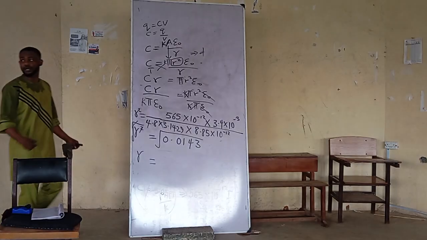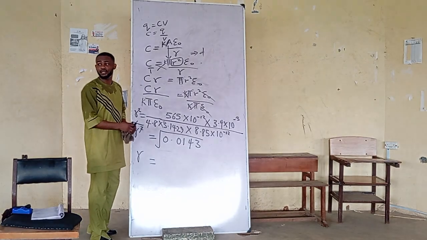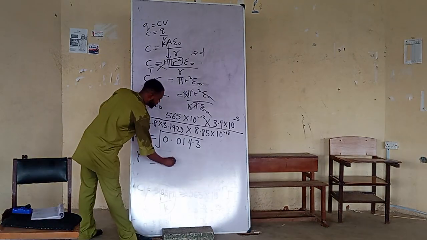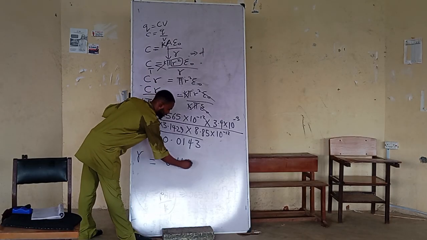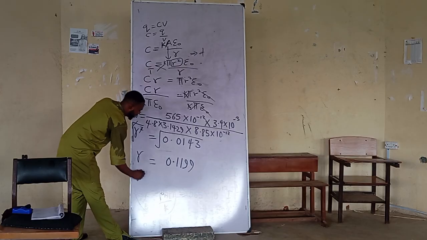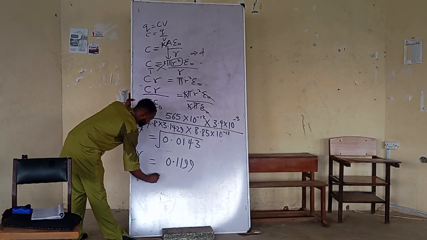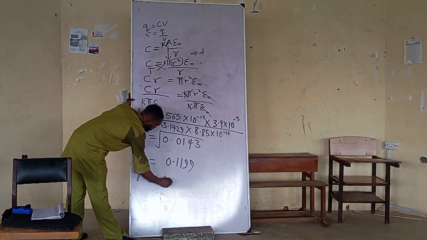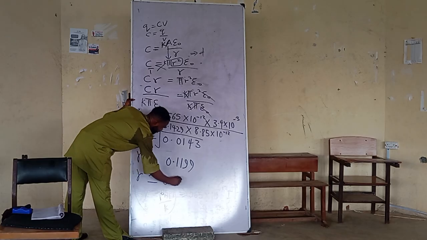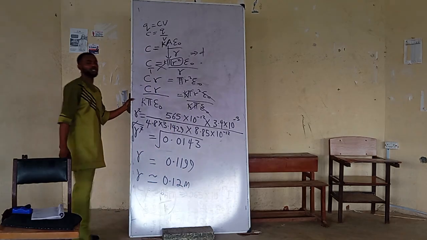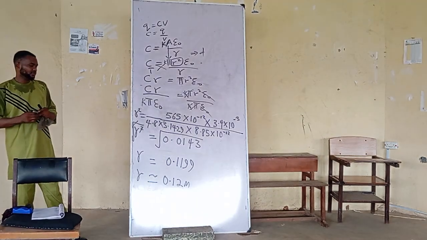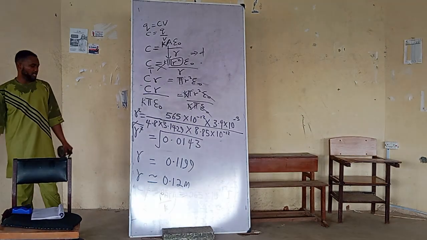The answer is 0.11, 0.1199. Okay, so R is approximately 0.12. And that's in meters actually, because we used everything in SI units. Okay, this is 0.12 meter.